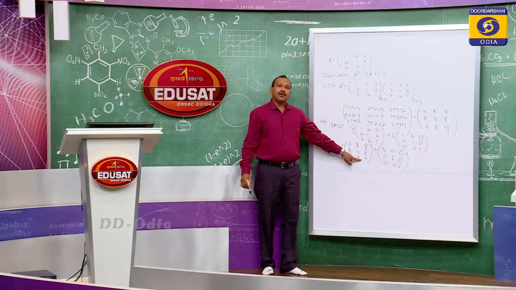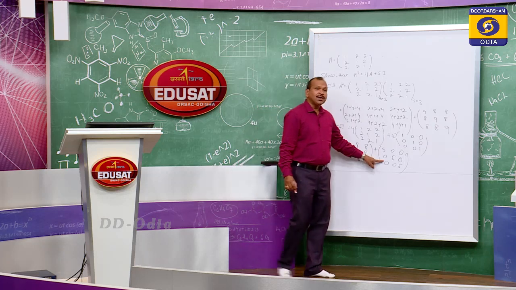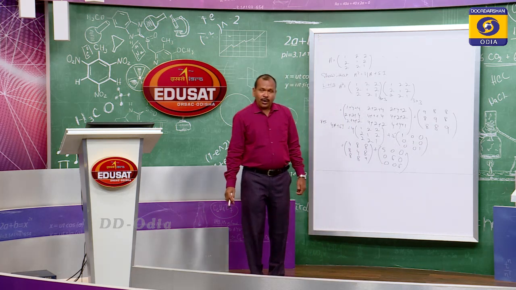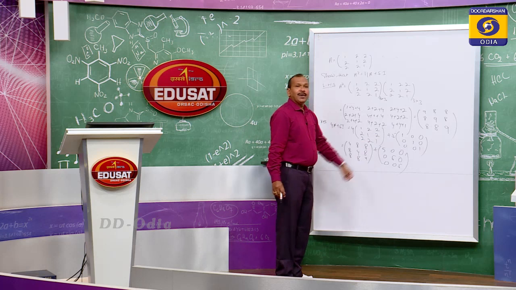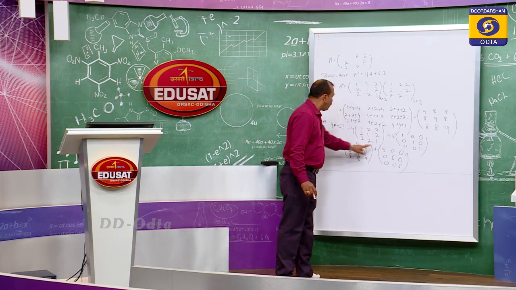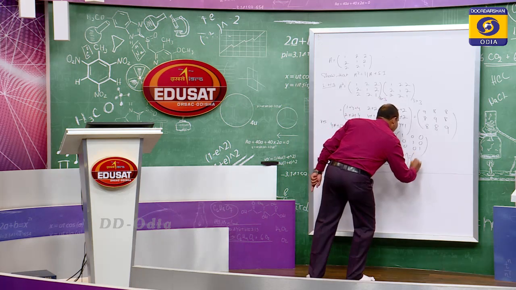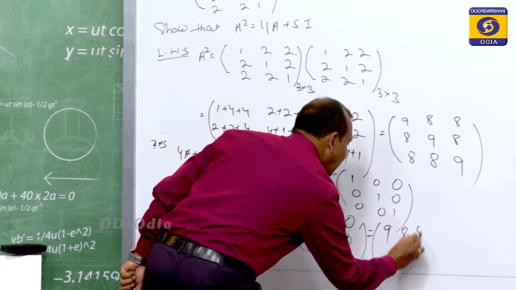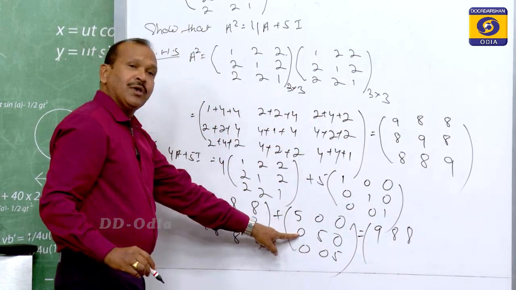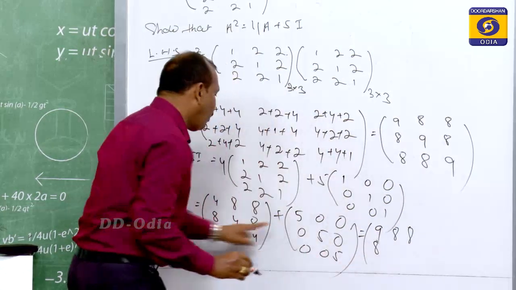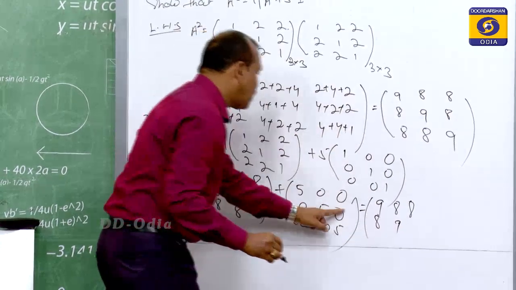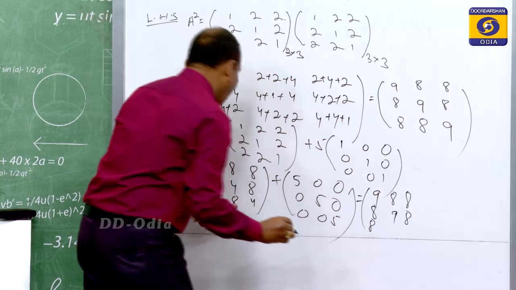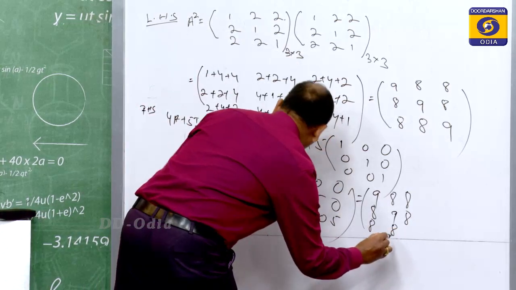This is a 3 cross 3 order matrix and also this is a 3 cross 3 order matrix. Hence matrix addition is performed and we add corresponding elements. 4 plus 5 is equal to 9, 8 plus 0 becomes 8, similarly 8 plus 0 becomes 8, 4 plus 5 is equal to 9, 8 plus 0 becomes 8, and 4 plus 5 is equal to 9.